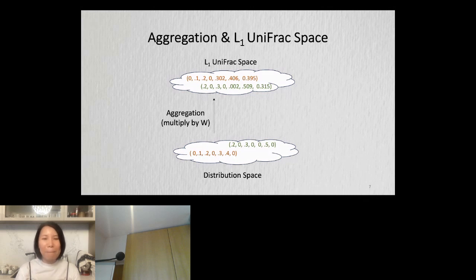In a way, each of the points in the distribution space has a unique correspondence in the L1 UniFrac space, which is its aggregated form. An interesting thing here is that since W is invertible, this process is also reversible. We call this the reverse aggregation, which is simply multiplying by the inverse of W.